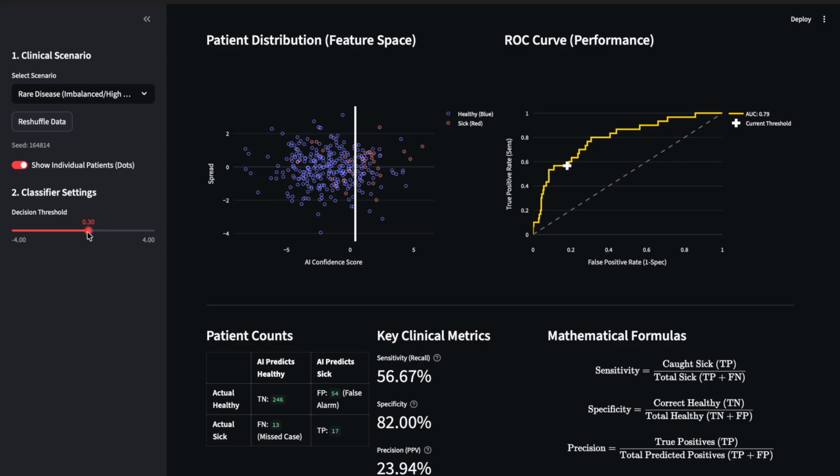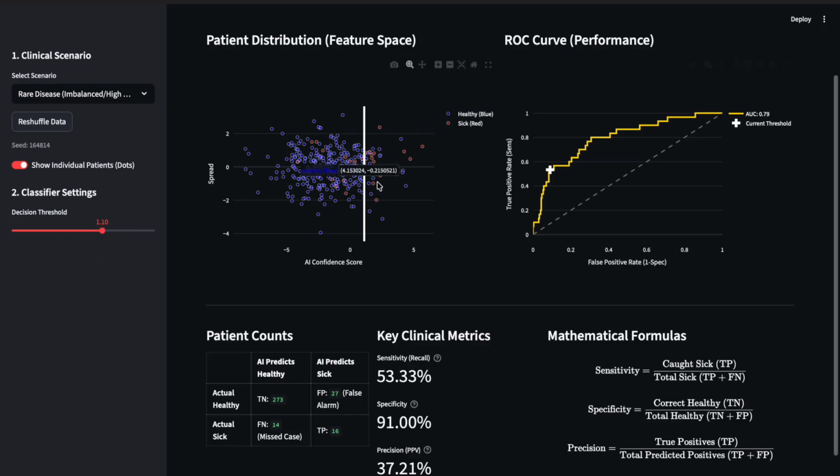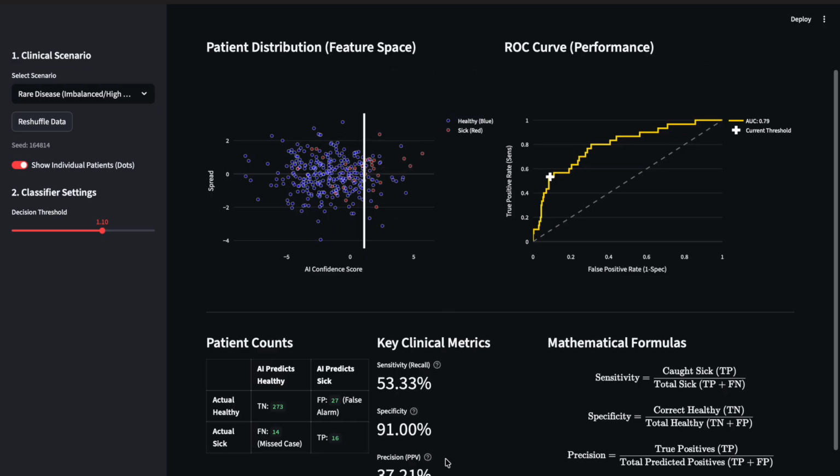Maybe here it's not so bad, but again, a lot of false alarms. It's awful, of course. So I wouldn't use this model in real practice. We need something else, and we will discuss how we can do it in the next videos.